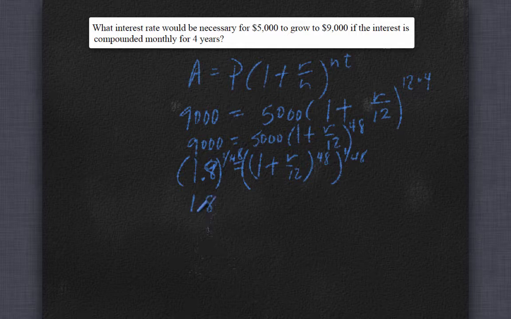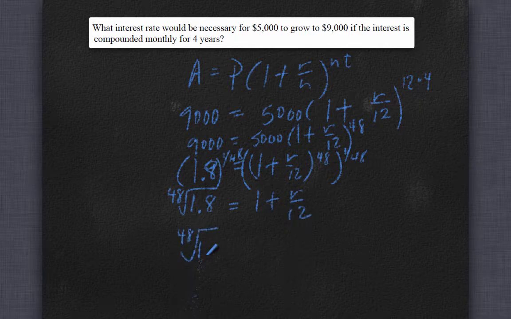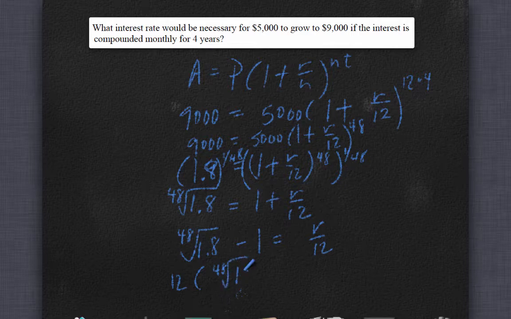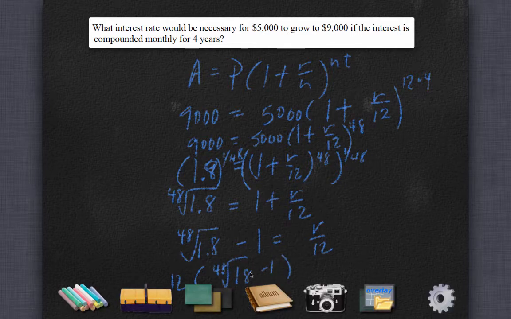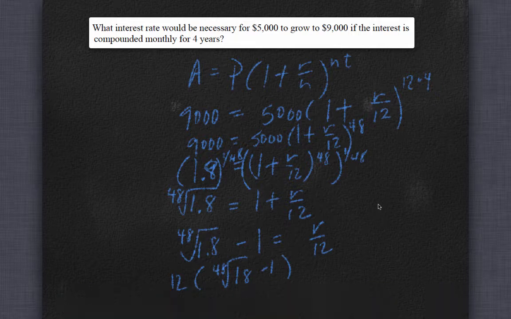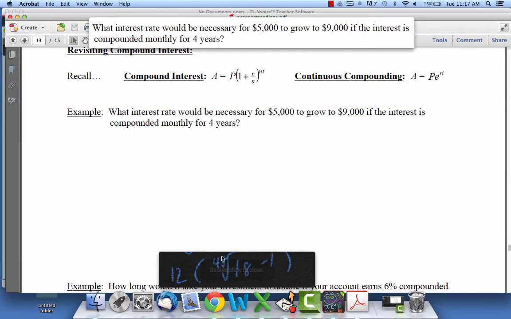So 1.8 to the 48th root is 1 plus R over 12. Subtract 1, multiply by 12, that equals R.